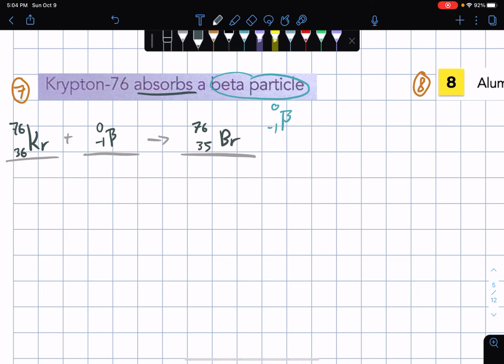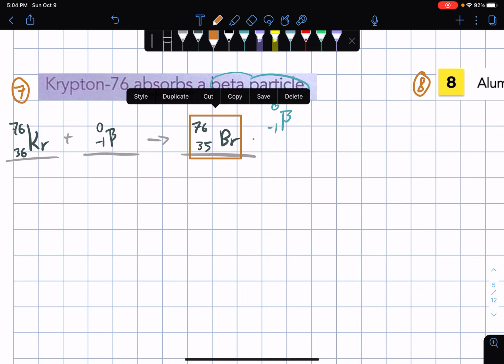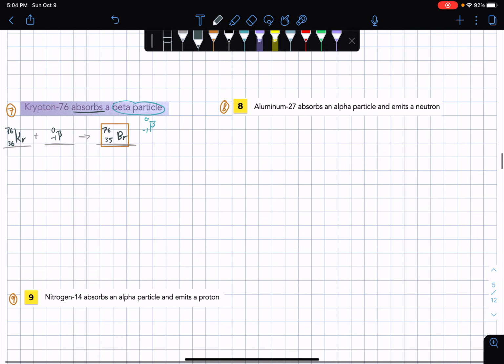Atomic number 35 would be Br, or bromine, if I'm not wrong, in terms of how you're supposed to say the element from its abbreviation.